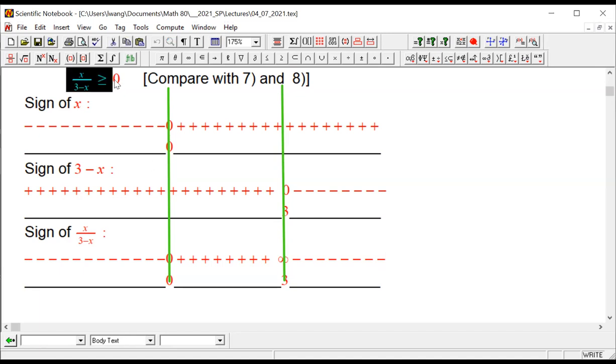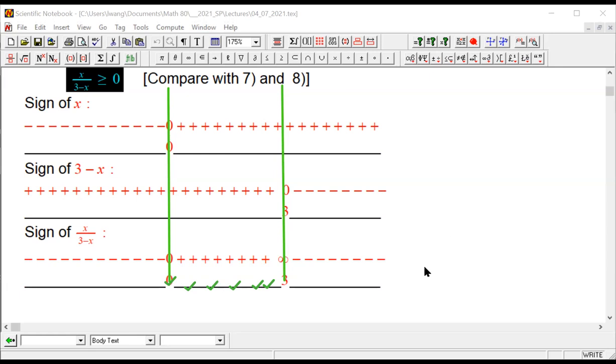And we want the quotient to be what? 0 or larger, positive or 0. So where do we find those inputs such that the output is positive or 0? So they're all here. Does it include 3? No, it doesn't. Does it include 0? Yes, it includes 0.